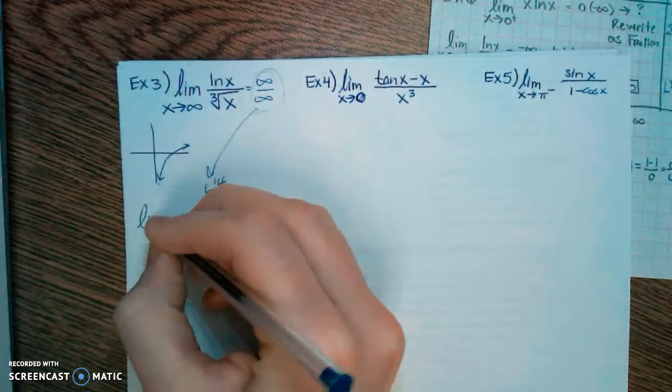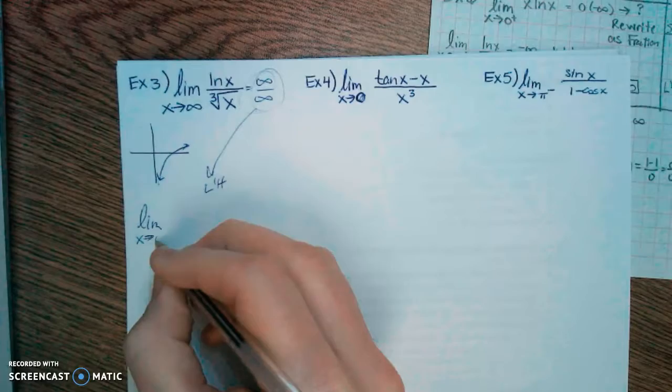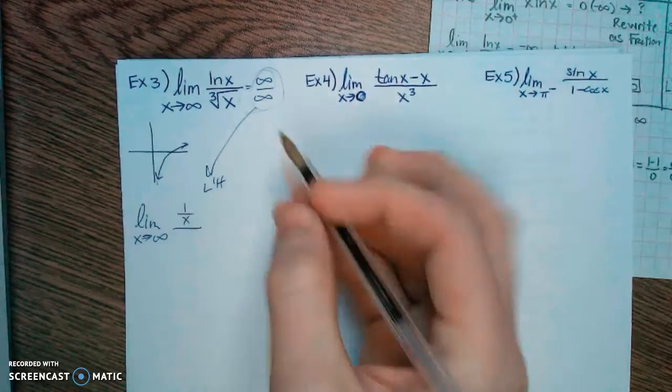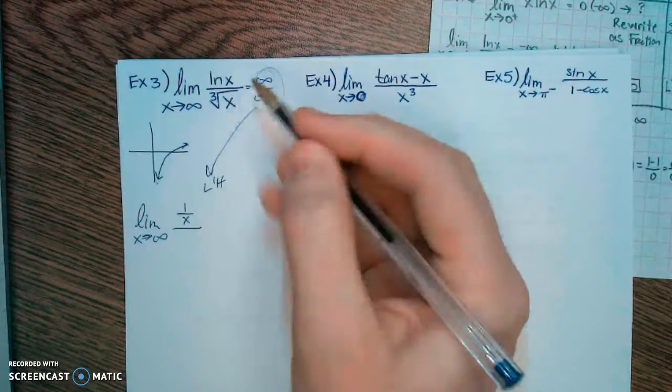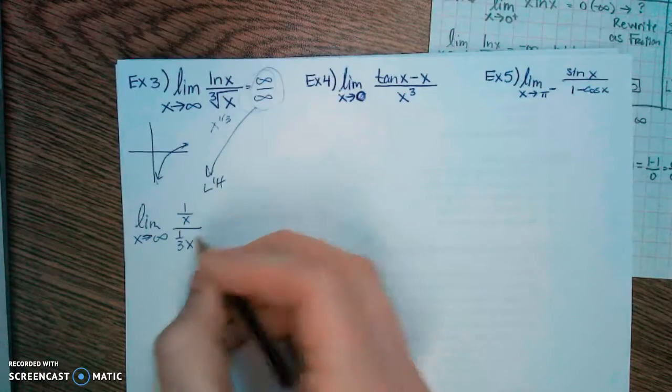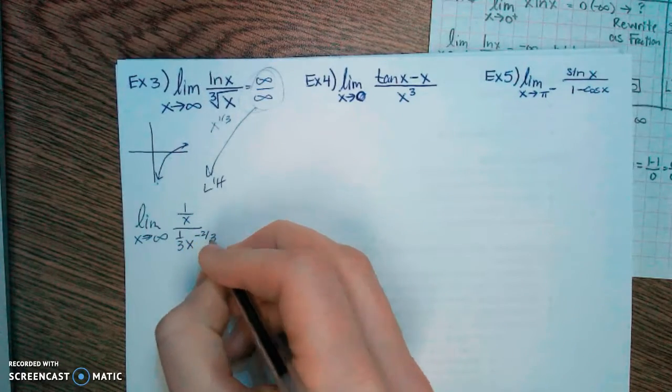So we do the limit of the derivative of the top, which would be 1 over x, and the derivative of the bottom. Now this is x to the 1/3, so the derivative would be 1/3 x to the negative 2/3.